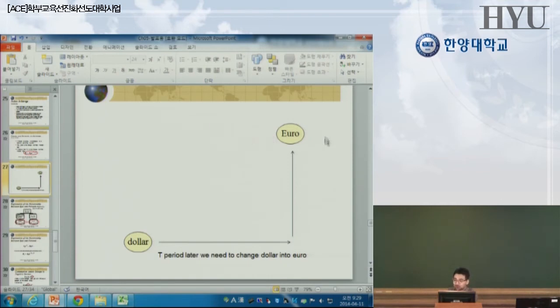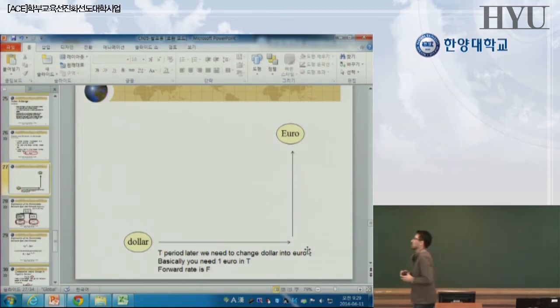So at this period, we know the forward rate is F. You need to change dollar to euro, so you basically need 1 euro T period later.